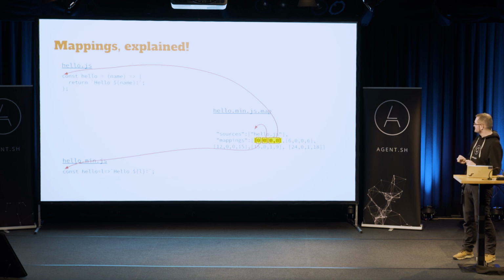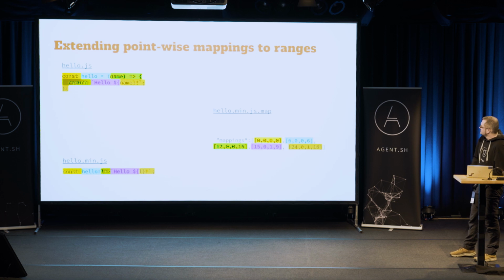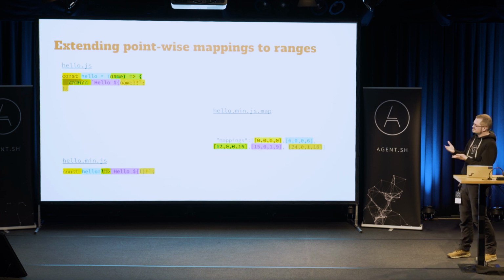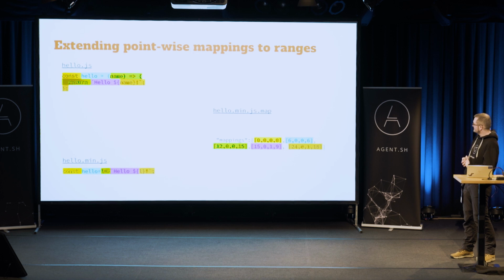What's important here is that it is a pointwise mapping. But the problem is, as you can already see, this is not describing every character in the generated code anymore. So what debuggers do, since we need to translate breakpoint positions, we need to translate call stack positions, we need to map all kinds of things together, is extend these pointwise mappings to ranges.